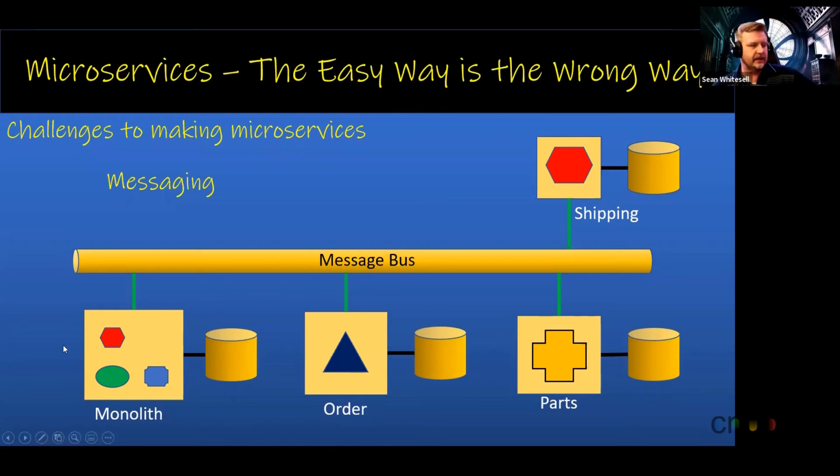So imagine an order is getting ready to come in. Now the monolith does not create the order. In fact, it sends a message that is picked up by the order microservice and says, here's some information, I need you to create an order. So the order number is provided by the single source of truth order microservice. Then it sends a message saying, great, here's an order number.